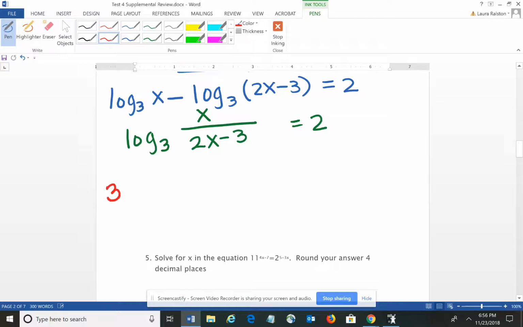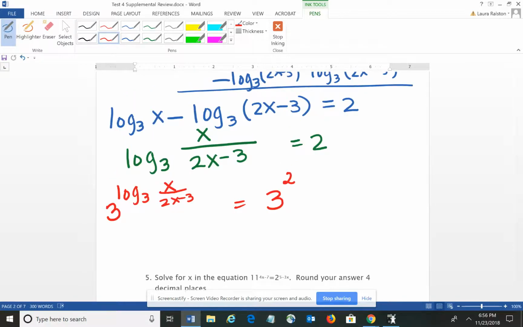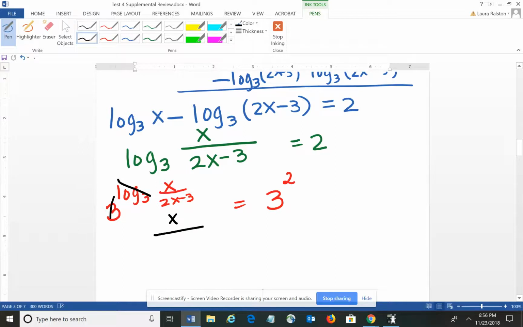So I would have 3 to the log base 3 of x over 2x minus 3 equals 3 to the second power. Remembering that the exponential and the logarithmic are inverses of each other, base 3 and log base 3 will cancel, so I have x over 2x minus 3 equals 3 squared, which is 9.